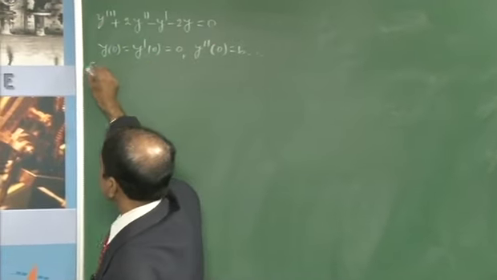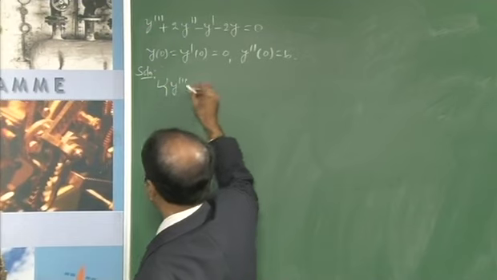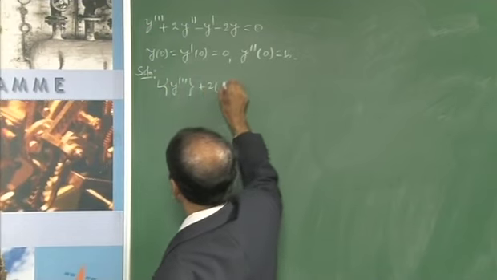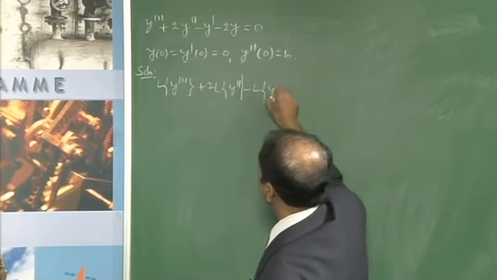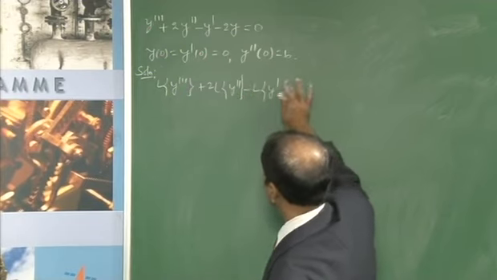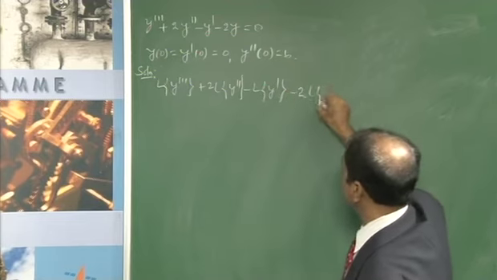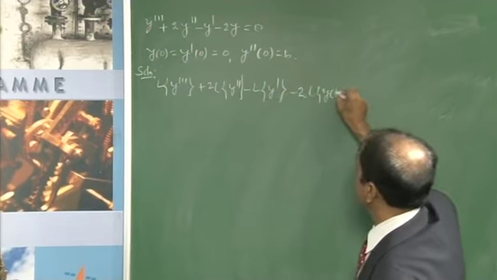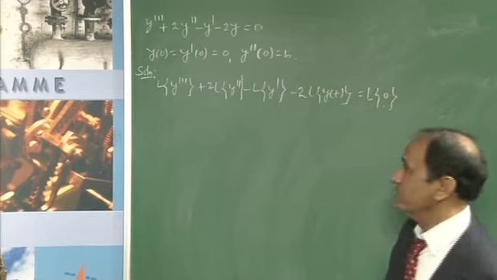Therefore, in the solution part we take L of y triple dash plus 2 times L of y double dash minus L of y dash minus 2 times L of y, where y is y of t, and the right side is L of 0.